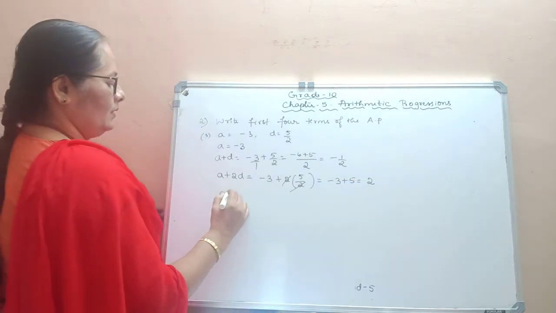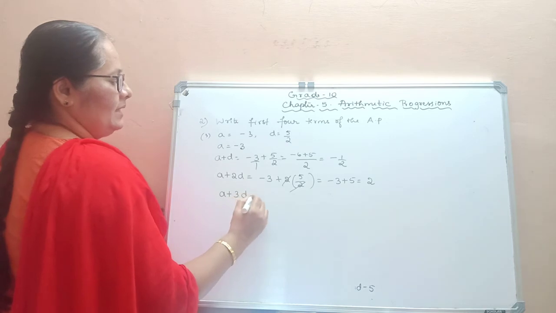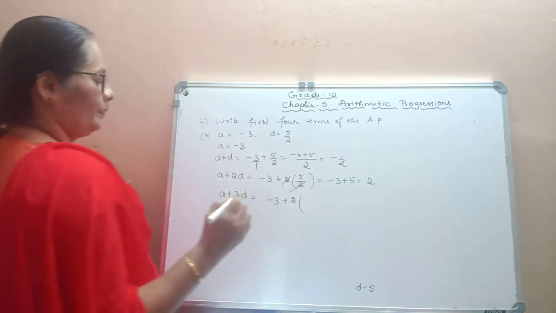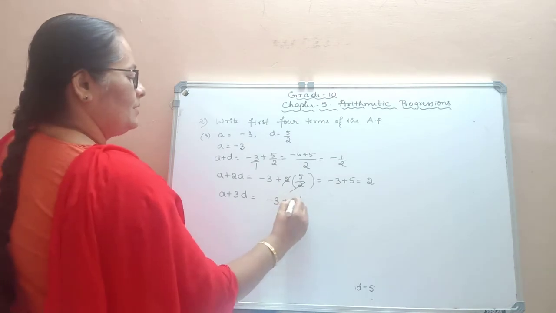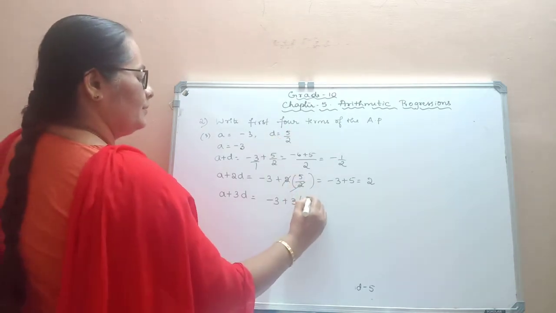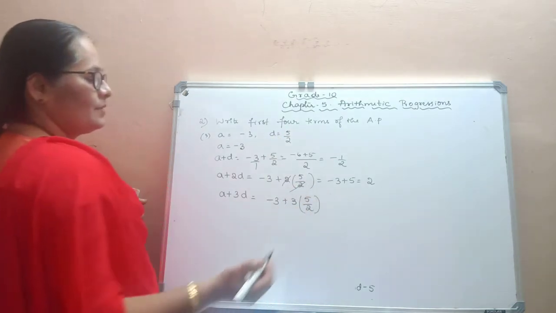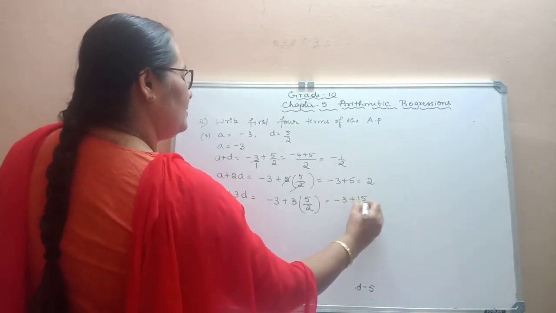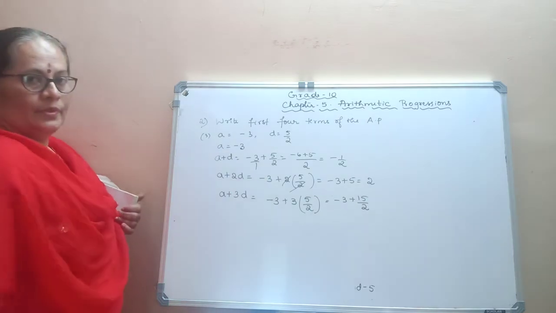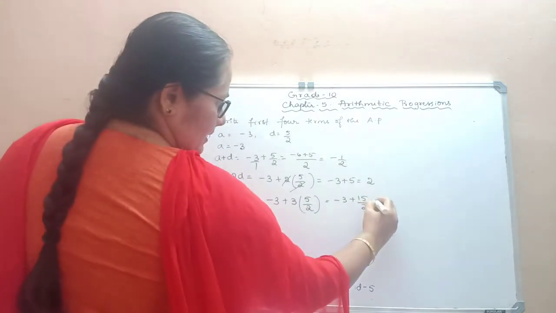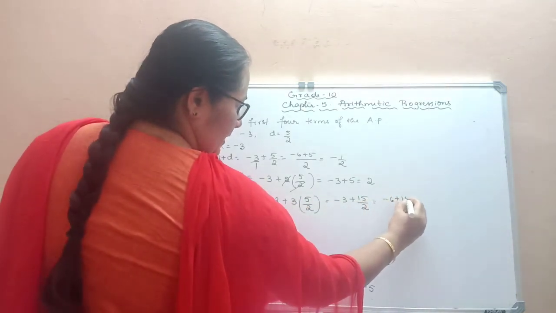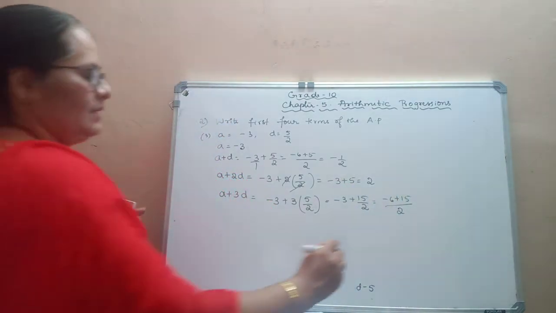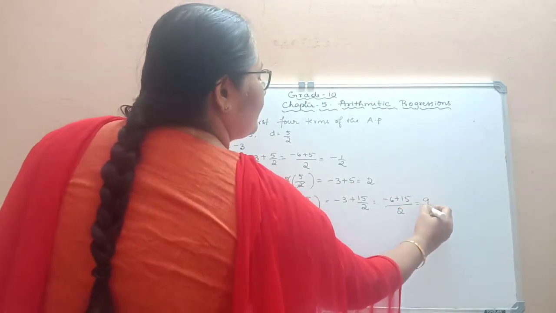Then the fourth term, A plus 3D. Minus 3 plus 3 into 5 by 2, which is minus 3 plus 15 by 2. So minus 6 plus 15 by 2, which is 9 by 2.